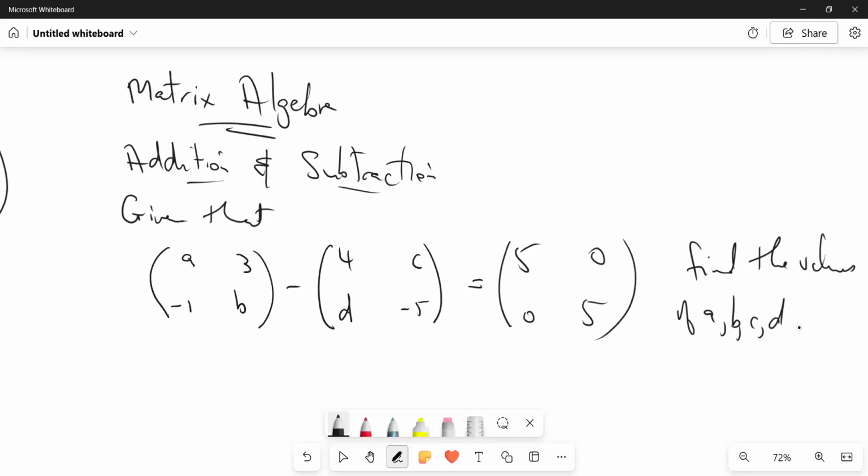See this one? So you're not just asked simply to subtract the matrices. You actually have to solve some kind of problem that is within there, right?